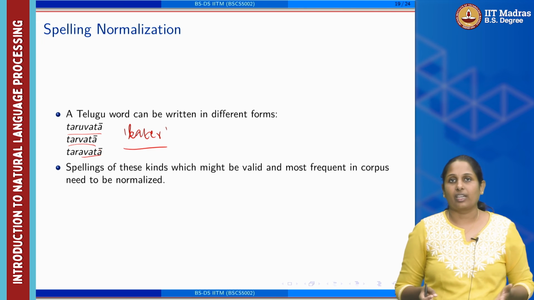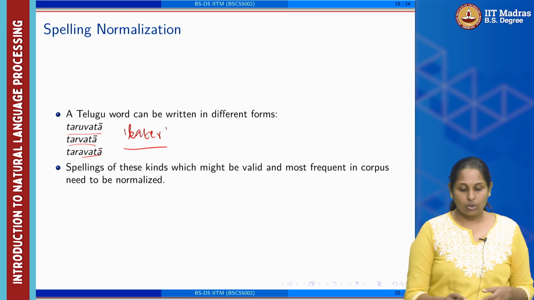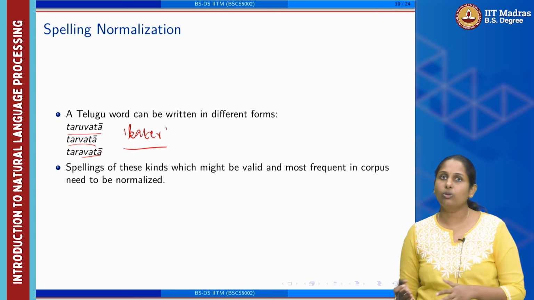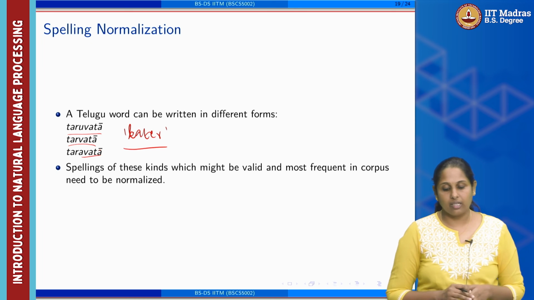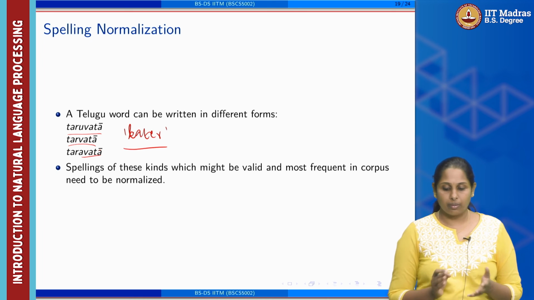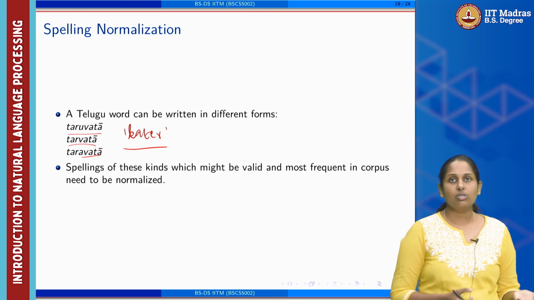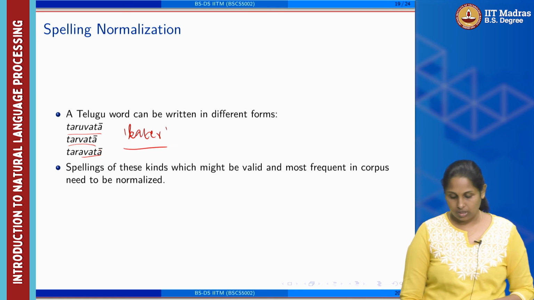Which one to take? People write it in different ways, so normalizing it with one spelling also adds value to our whole representation later. Spellings of these kinds might all be valid, but the most frequent in the corpus is taken, and that will be used as the normalized form for later processing.